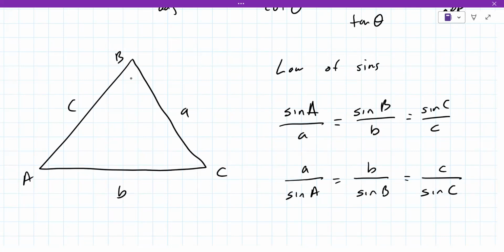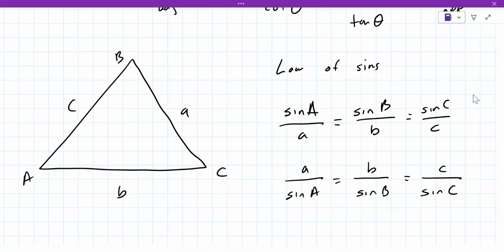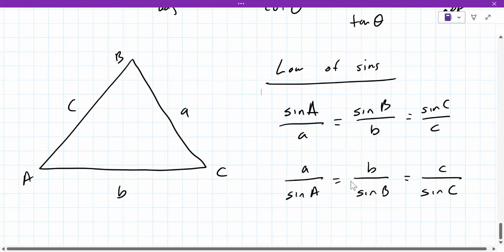And then you're also only using two of them. Like you would use A's with B's or A's with C's or B's with C's. You would never use all three. And those two mean the same thing, right? They do. You're just flipping them.